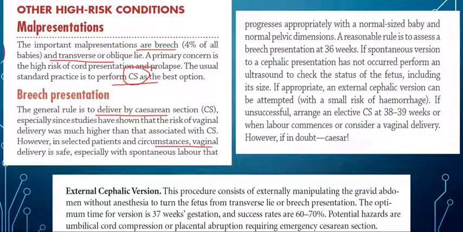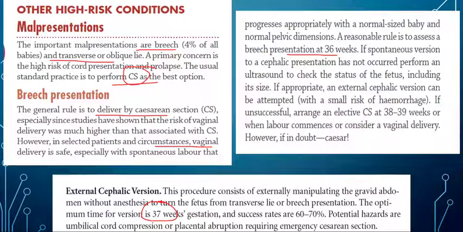If it is still breech presentation at 36 weeks, then you can go for cephalic version. So you externally try to bring the baby into the cephalic presentation. The optimum time to do it is between 36 to 38 weeks. The best is 37.